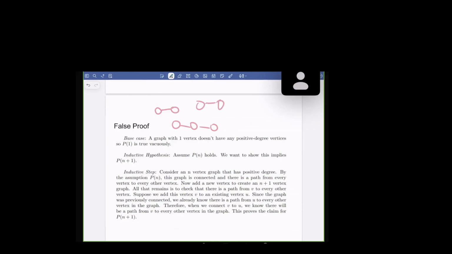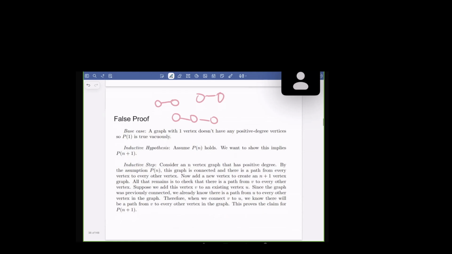So the idea of how we would prevent this buildup error is we start with an n+1 graph like this one. Let's call this the n+1 graph. It has n+1 nodes, and we have to assume that the n graph is connected. We want to show that when we have an n+1 graph, we first remove a vertex, let's remove this one here.